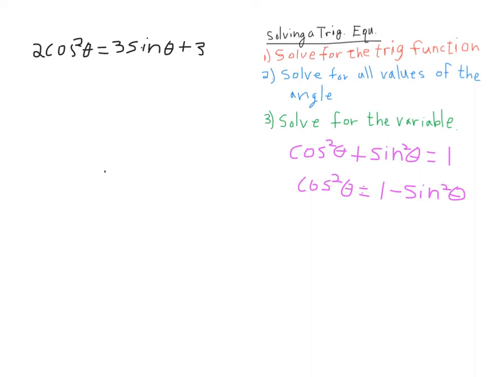All right, so we can just come right over here to our problem and replace that cosine squared with 1 minus sine squared. So we have 2 times, right, and then that's just cosine of theta squared, or cosine squared theta.